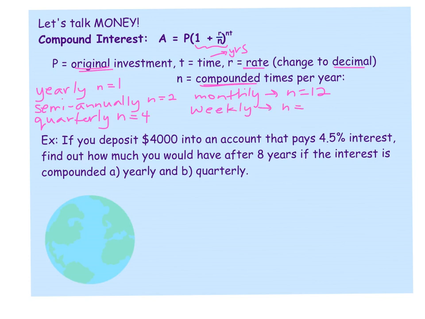N would equal 52. There are 52 weeks in a year. And then daily, probably not super likely you'd get money that compounded interest daily, but we'll default daily to 365. Those are pretty much the most common amounts of times you could have money compounded within a given year. So let's see what that looks like in an application problem.